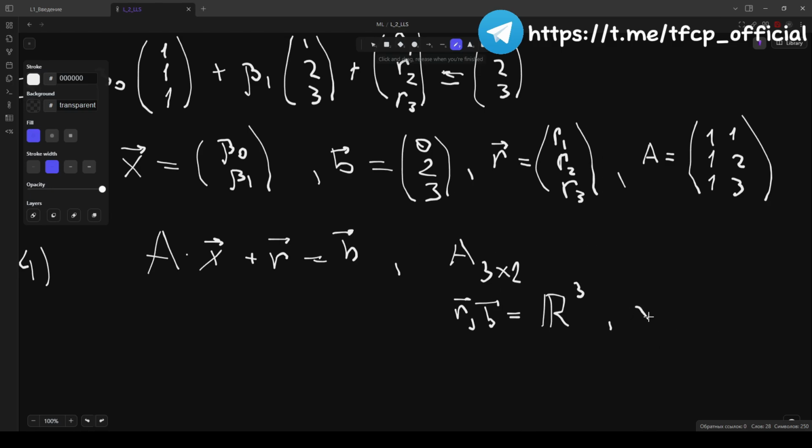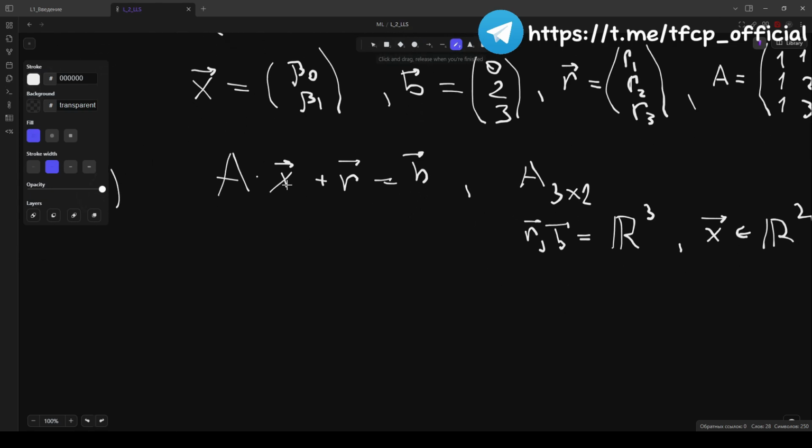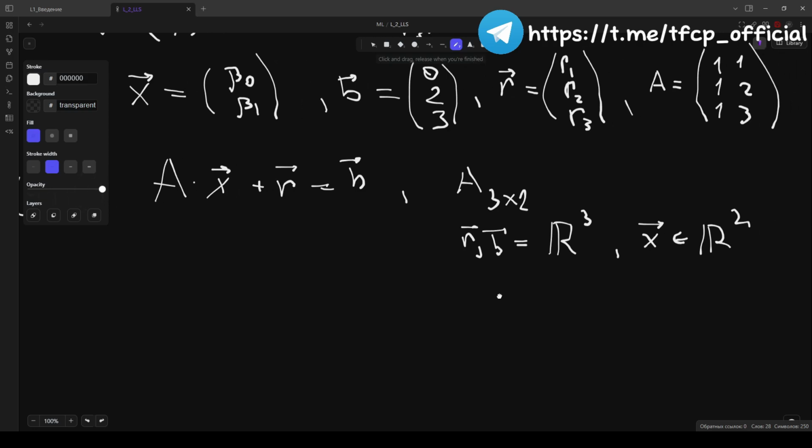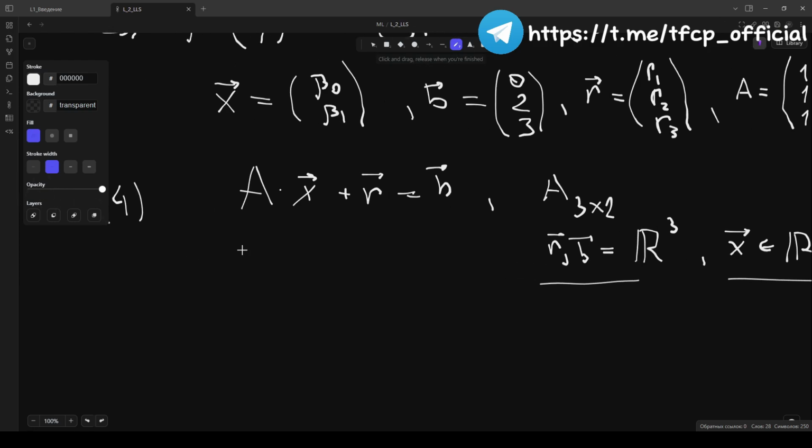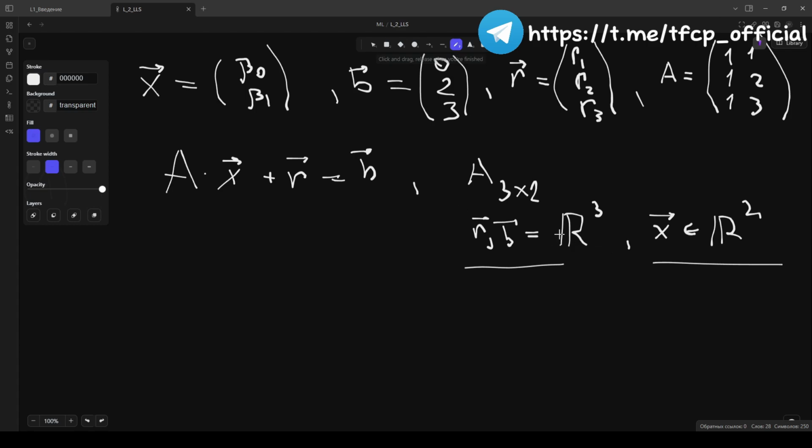And the vector x is a vector from the space R2, meaning it has 2 real components. I emphasize that these are vectors from R3 and R2. From now on, I will stop drawing these arrows at the top to avoid confusion. So I will write x, r, and b, but remember that these are vectors.